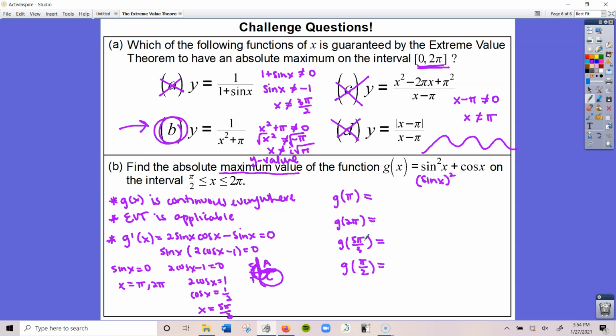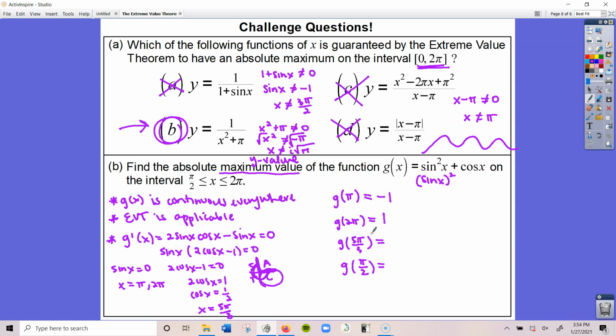So we plug in all of these values into g of x here. So sine of pi is 0. 0 squared is 0, plus cosine of pi is negative 1. When we plug in 2 pi, sine of 2 pi is 0, so 0 squared is 0, plus the cosine of 2 pi, which is 1.